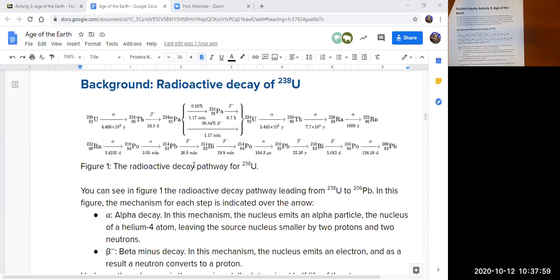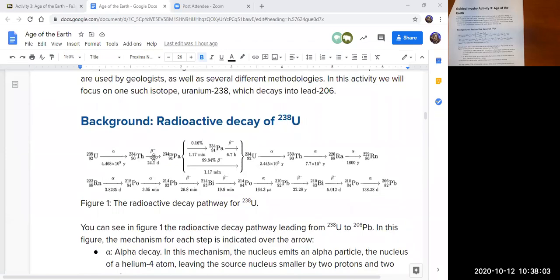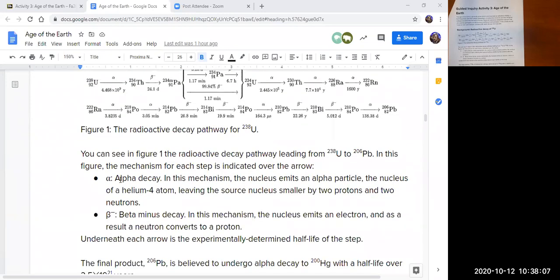Good. Okay. All right. So the question was about alpha decay versus beta decay. So alpha decay, you're told, has a nucleus that emits an alpha particle, which is a nucleus of helium-4 atom. So that has 2 protons and 2 neutrons.